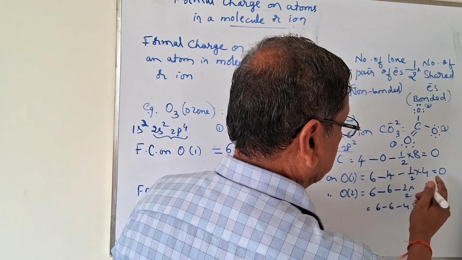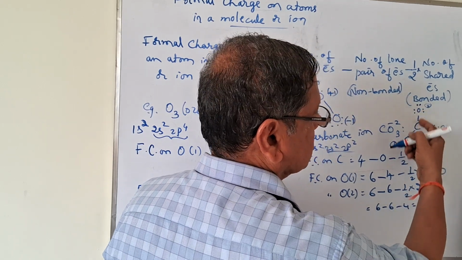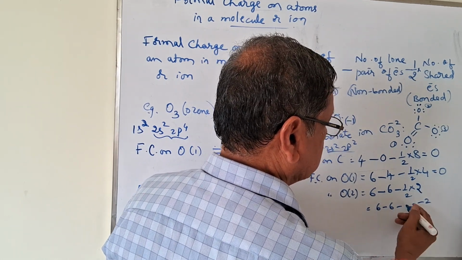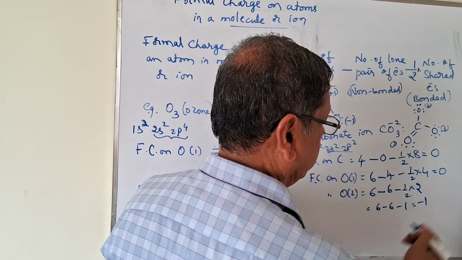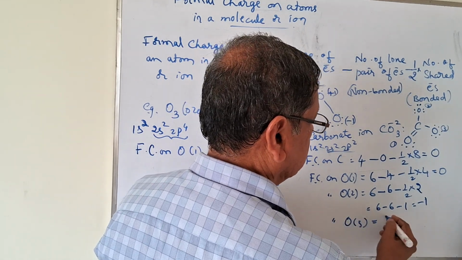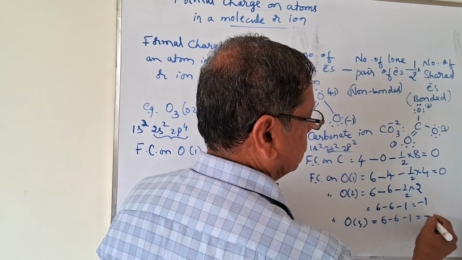Actually here it is 2, because between this oxygen and carbon there is only 1 bond. That's why it is 6 minus 5, that is nothing but equal to minus 1. For oxygen 3 also we have the same, 6 minus 5, that is equal to minus 1.